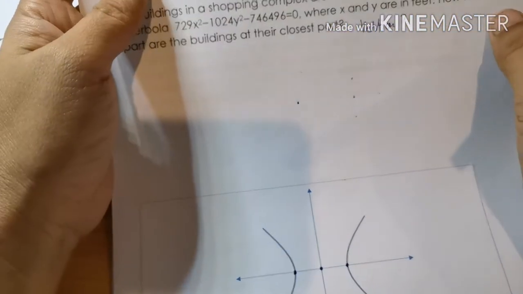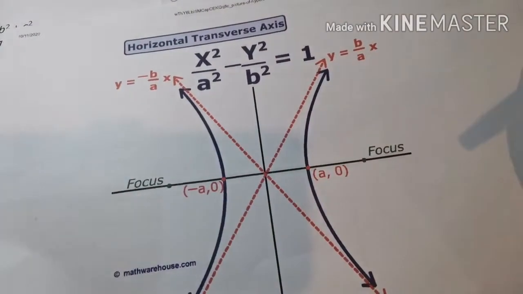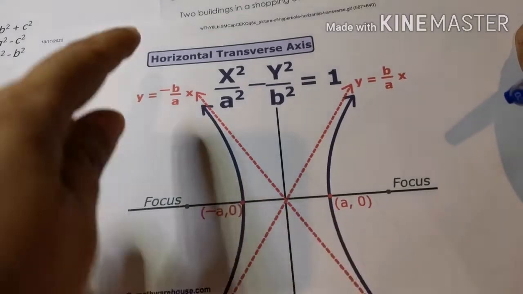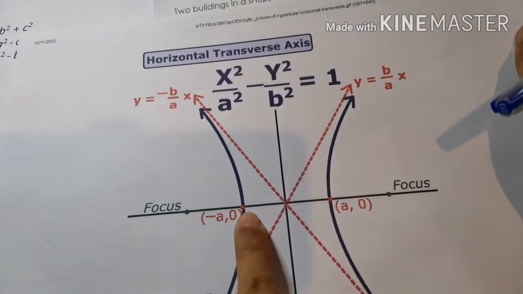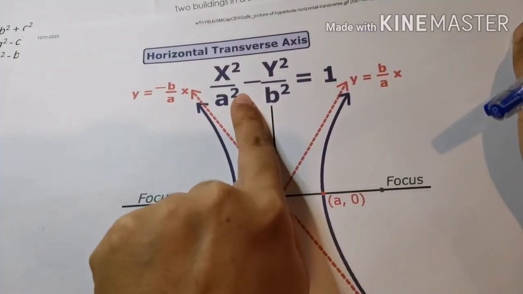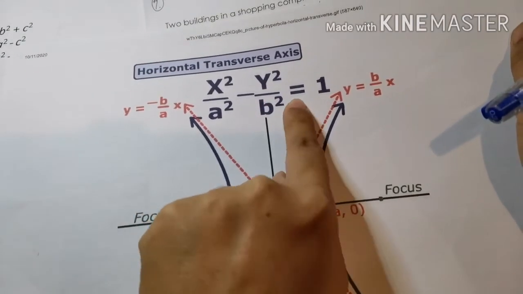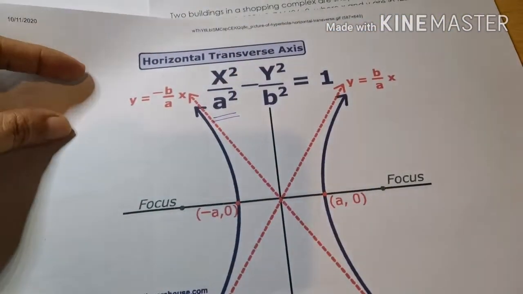Ang gagawin natin, we have this formula. Kasi horizontal transverse axis tayo, ibig sabihin yung ating vertices ay horizontal. So, ang ating formula na gagamitin ay x squared over a squared minus y squared over b squared equals 1. So, ang kailangan natin dito ay yung value ng a, di ba?